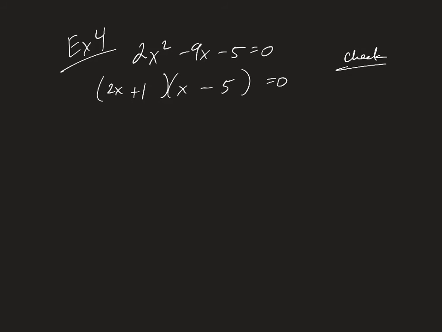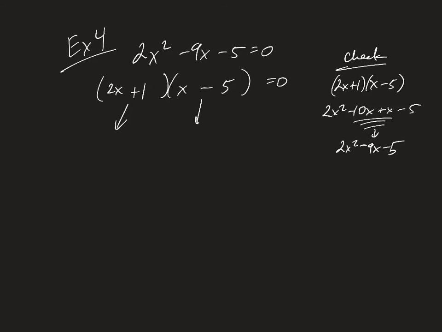We can perform a check on that. 2x plus 1 times x minus 5 is 2x squared minus 10x plus x minus 5. The middle two terms go to -9x, which is a match. So this is factored correctly now.